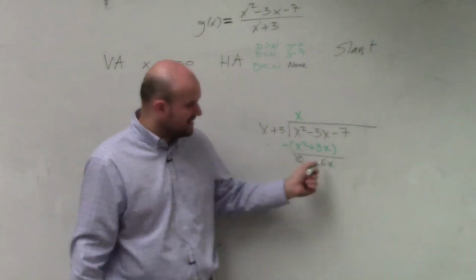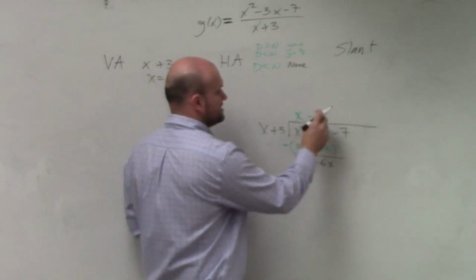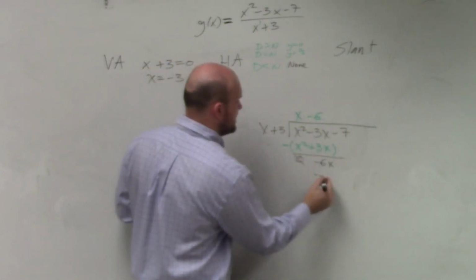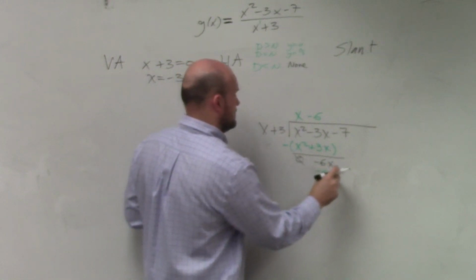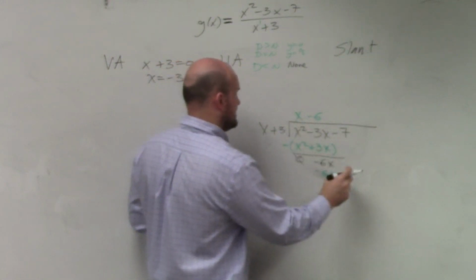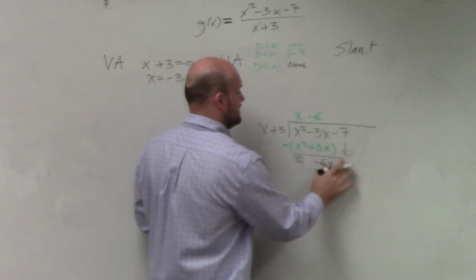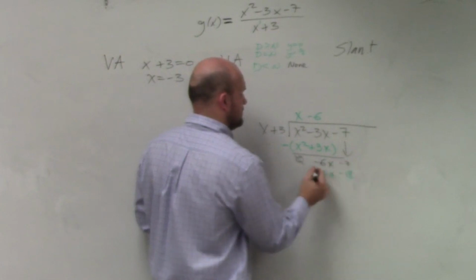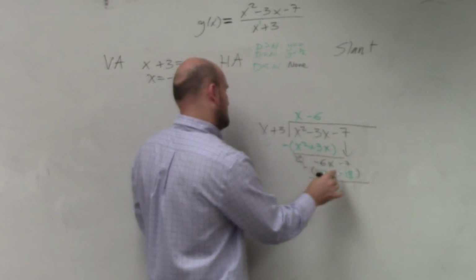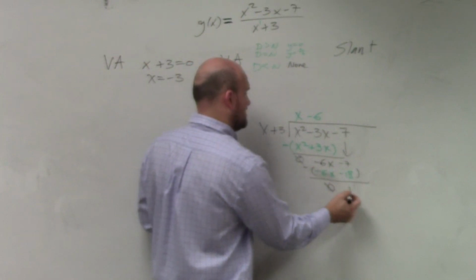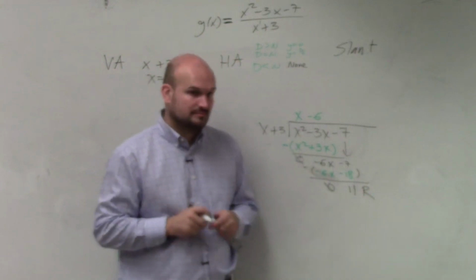Now, how many times does x divide into negative 6x? Negative 6 times. Negative 6 times x is a negative 6x. Negative 6 times 3 is a negative 18. Bring down the negative 7. Subtract your rows. That becomes a plus, so that's 11. And that's your remainder.